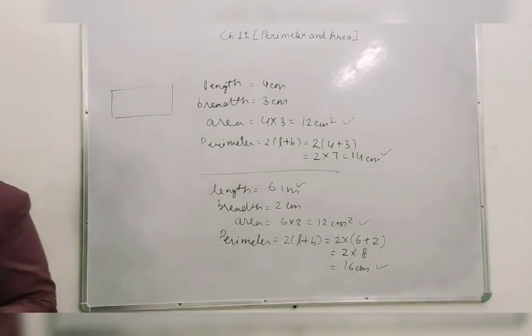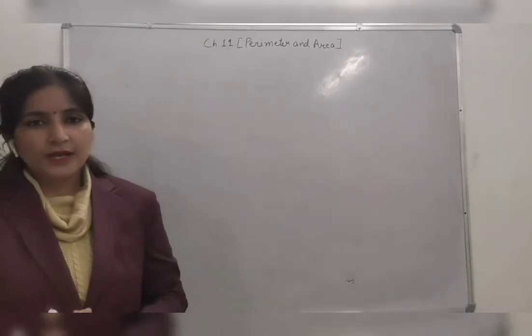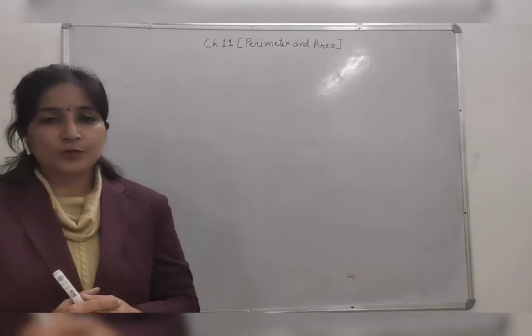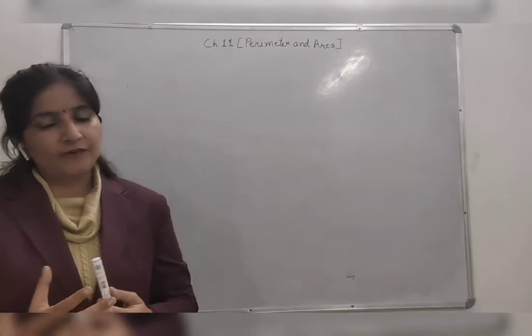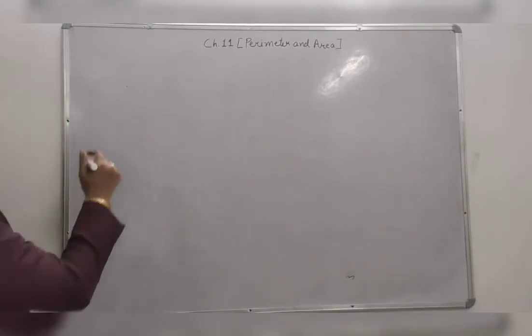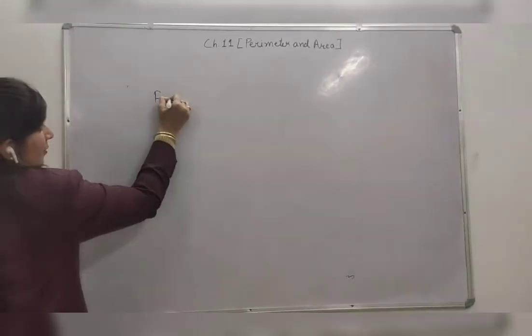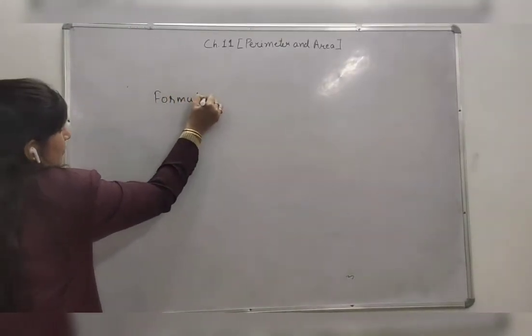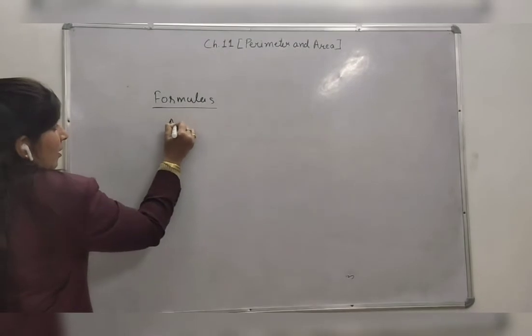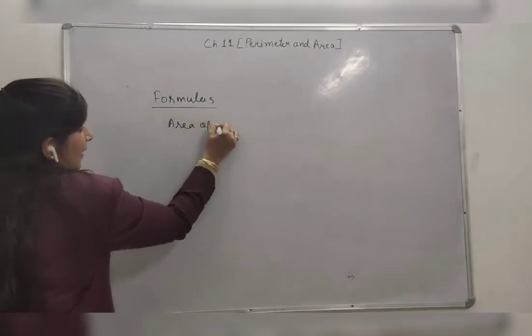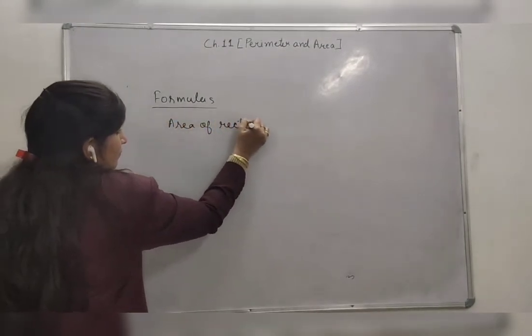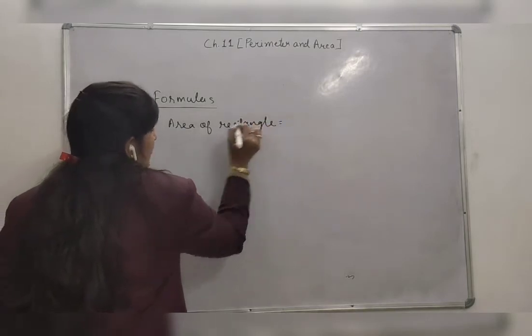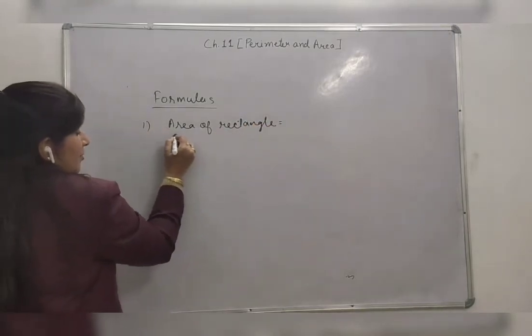Okay, students? Students, let me revise the 2 formulas that we discussed already in class 6. That is the formula for the area of rectangle, and the perimeter of rectangle.